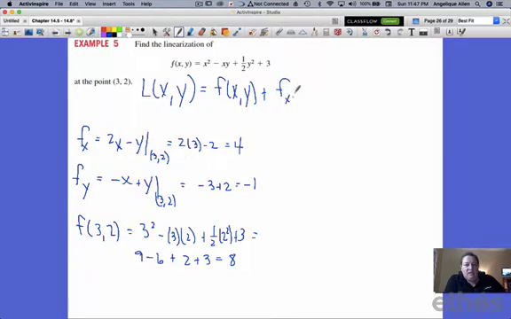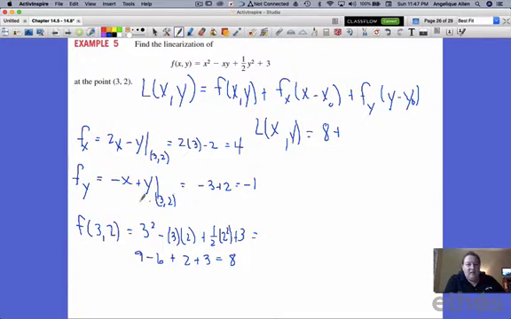So remember, this is our partial. I was going to plug in values up here, but I changed my mind. And now we need to fill in our known values. So L of x and y is going to be our function value, which we figured out is 8, plus our change, x minus x naught, which is x minus 3 times the derivative in the x direction, and then our derivative in the y direction times y minus y naught, which is y minus 2.